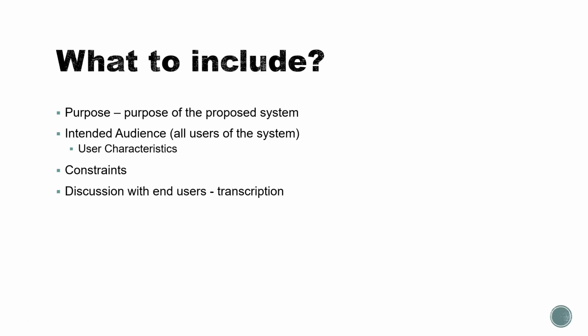What ultimately does the system need to produce? Who is the intended audience? Maybe that sounds a bit confusing, but basically, who are the people that are going to use this system? Who are the people that are going to put information into the system, and who are the people that are going to use the system? And also, who are the people that are going to need results from the system?